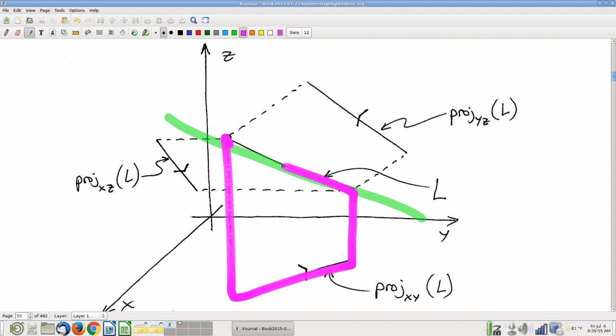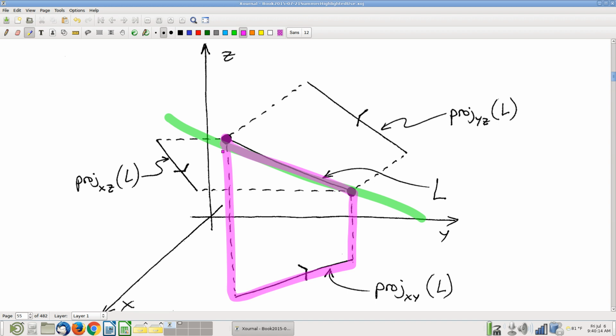This is what I like to call the shadow. This is the vertical shadow, the z-axis shadow plane of the line L. So that's the geometric interpretation of that one of the three symmetric equations.